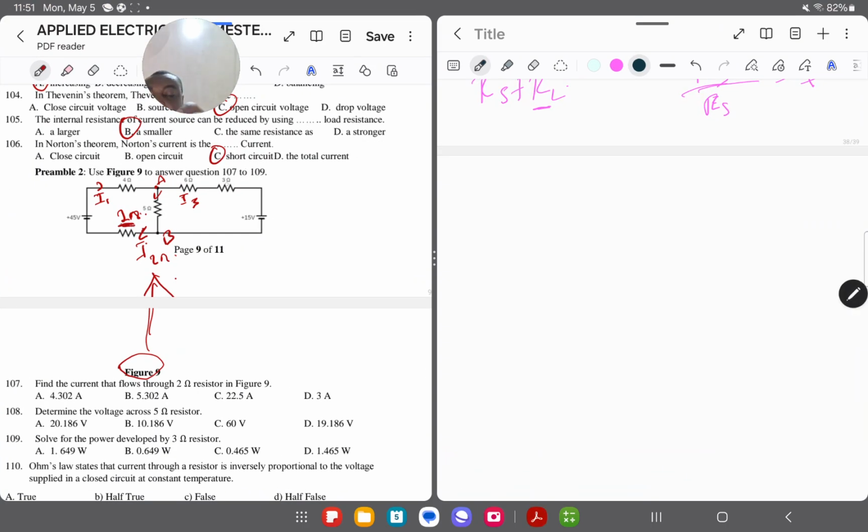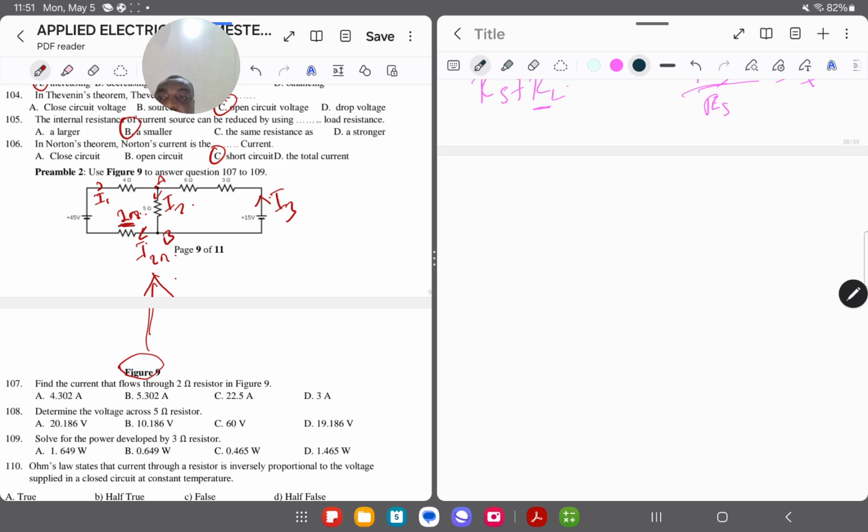I have here the current direction to be moving up. Okay, so this is my I3, and here is our I2.